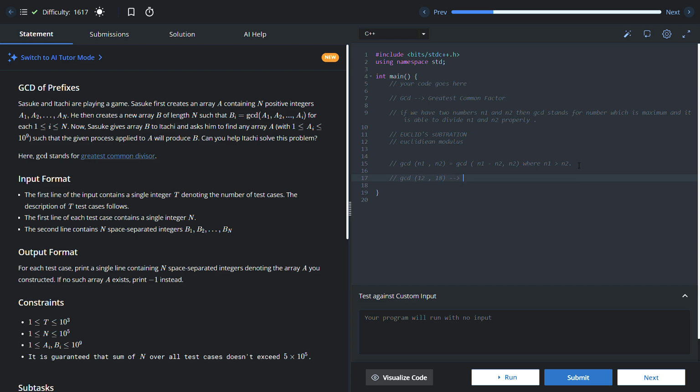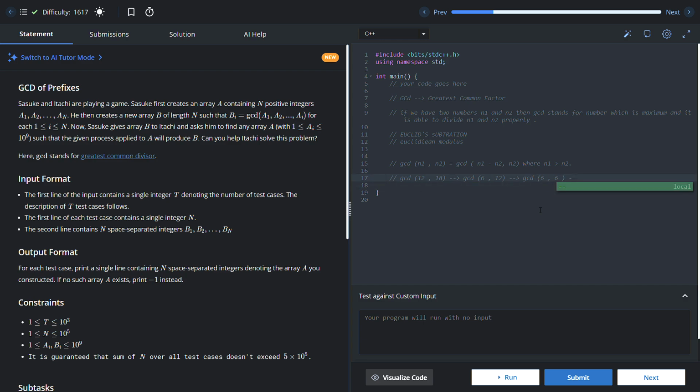So first step, GCD of max minus min, that is 18 minus 12, that is 6, right? 6 comma the minimum number between 12 and 18, which is 12. Go next, GCD of max minus min, that means 12 minus 6, that is again 6, and the minimum number will be 6.